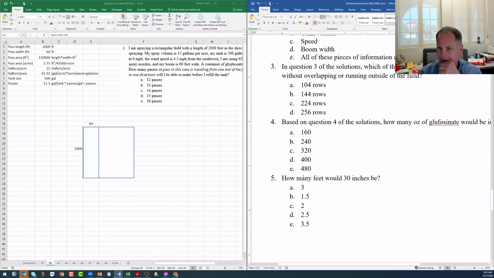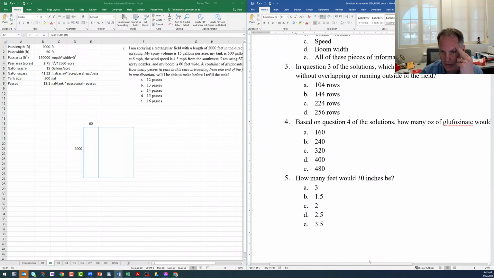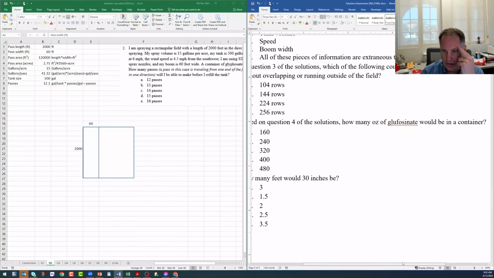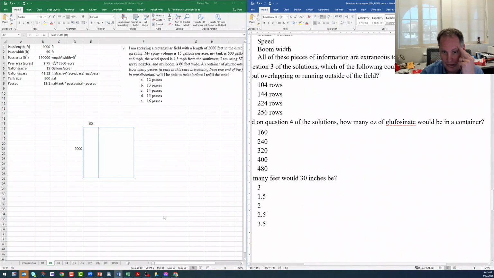Okay, in question 3 of the solutions, which of the following could not be planted with a 16-row planter without overlapping or running outside of the field? So what we have to do is divide the number of rows by 16 and see if we come up with a whole number. You can do pretty much the same thing with the calculator.